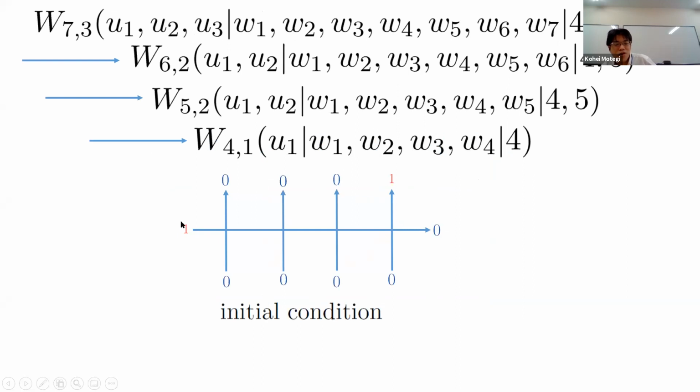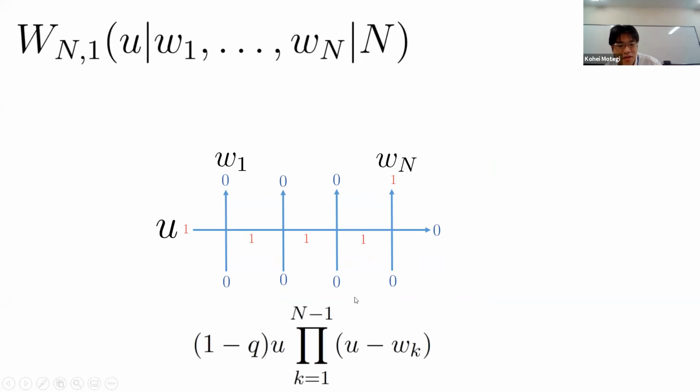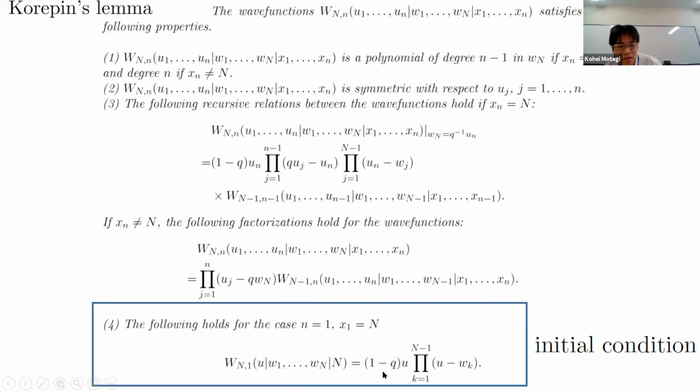So this kind of partition function corresponds to the initial condition of the recursion relation. And it's very easy to compute this partition function, and the exact form is this. Okay, so this corresponds to the initial condition of the recursion relation.